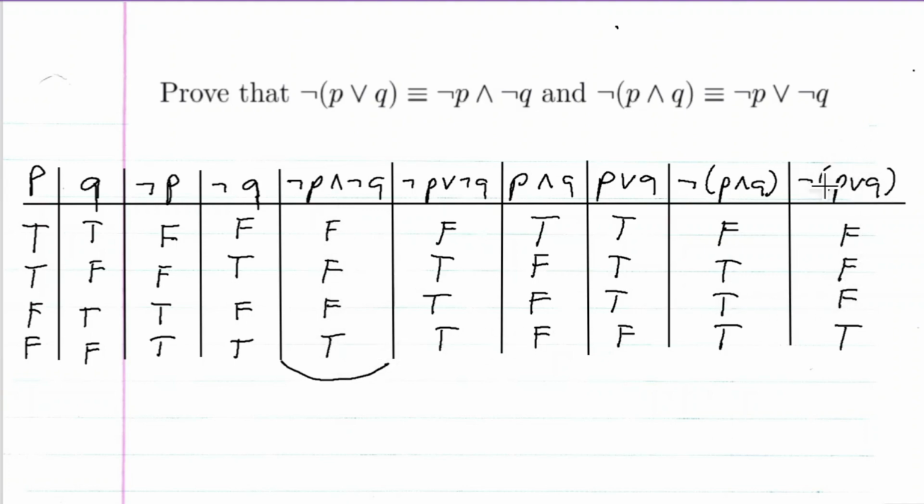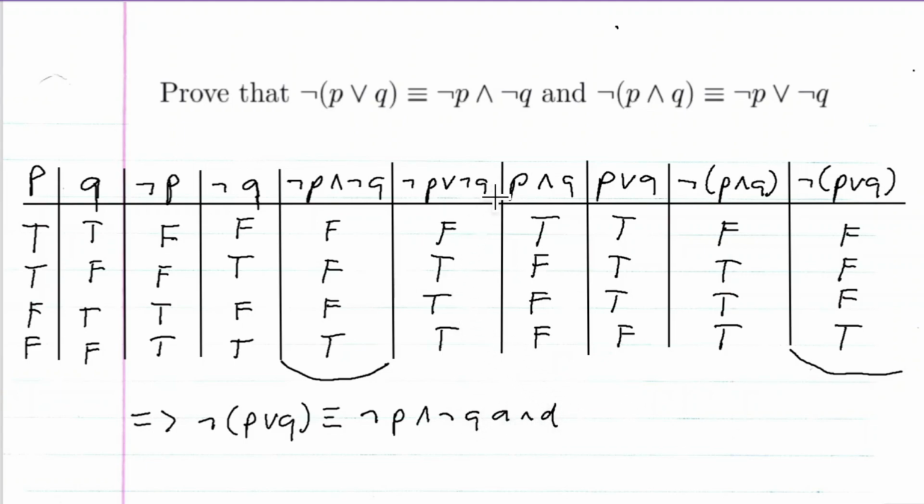And for not P or Q, we have false, false, false, true. So notice these produce the same truth table. So this implies that the negation of P or Q is logically equivalent to the negation of P and the negation of Q.